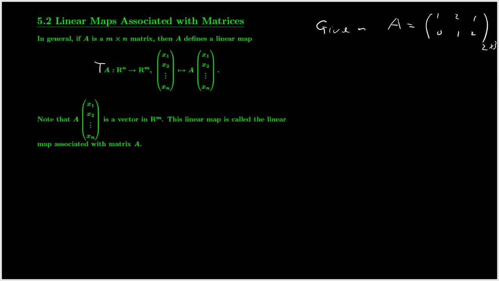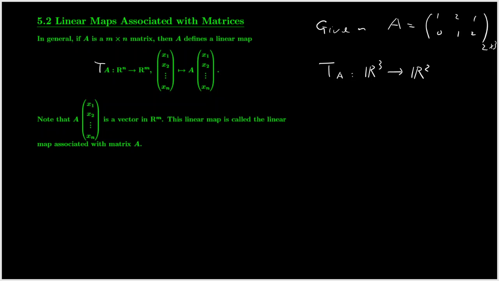I will show you the linear map. The notation I used last time was T sub A, right? T sub A is a linear map from R3 to R2. A 2 by 3 matrix determines a linear map from R3 to R2.